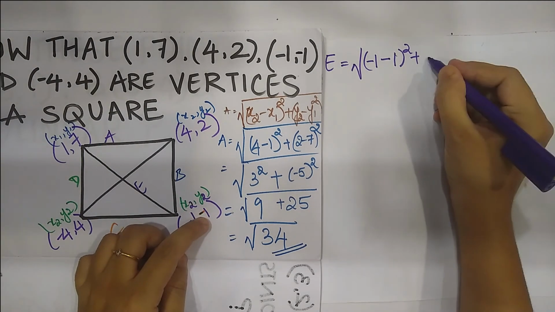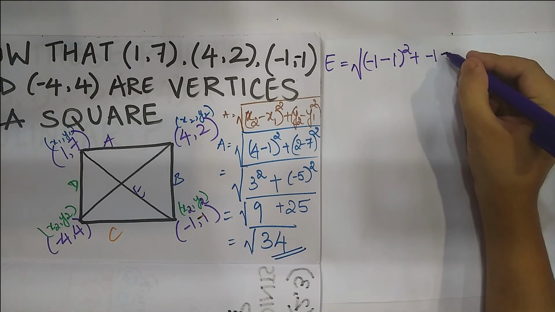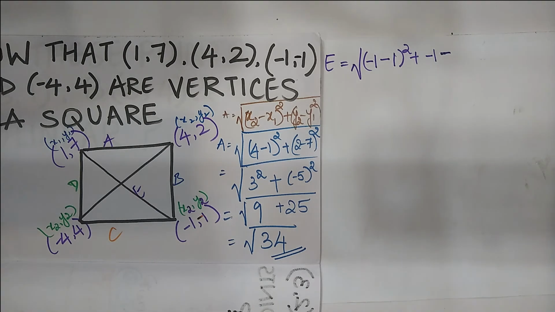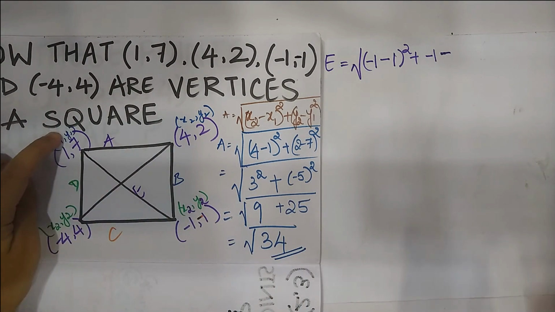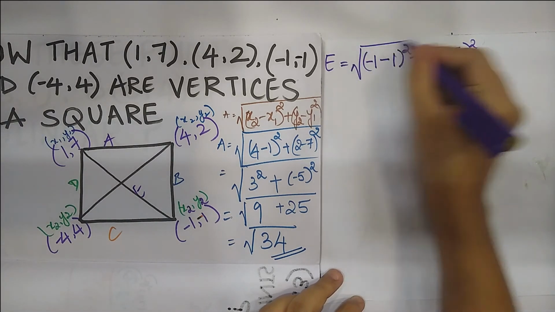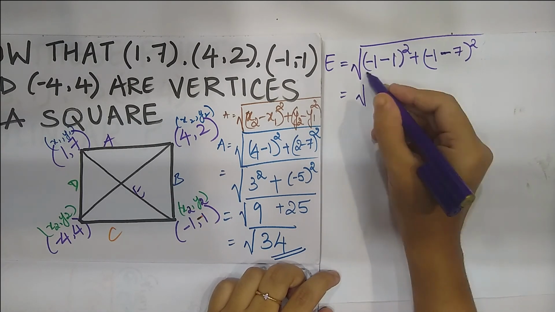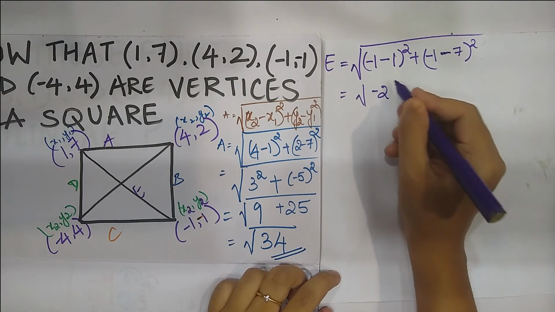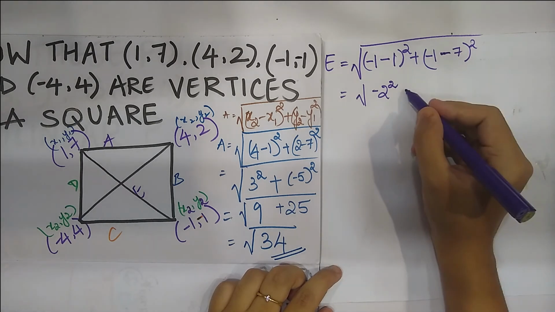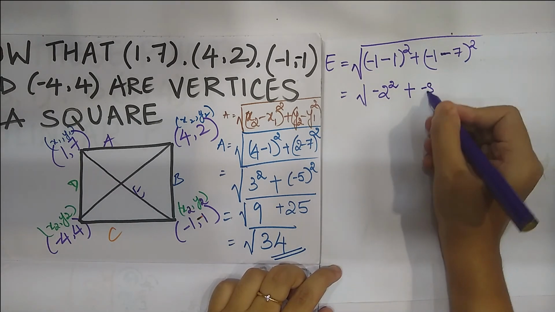Y2 is minus 1. So y2 minus y1, which is 7, the whole square. So that will be equal to minus 1 minus 1, which is minus 2. So it will be minus 2 square plus, what is minus 1 minus 7? It is minus 8. So minus 8 square.